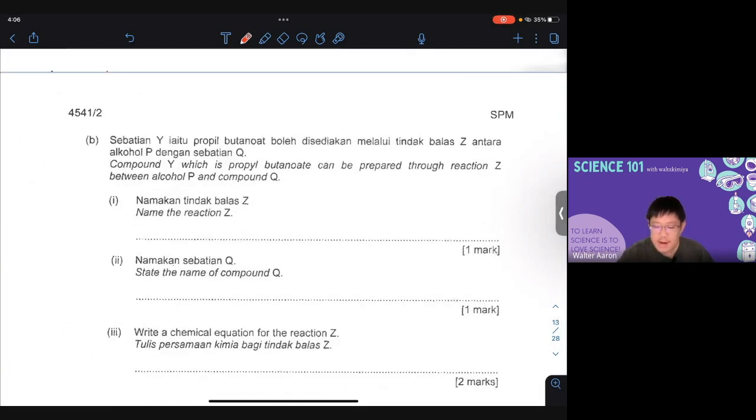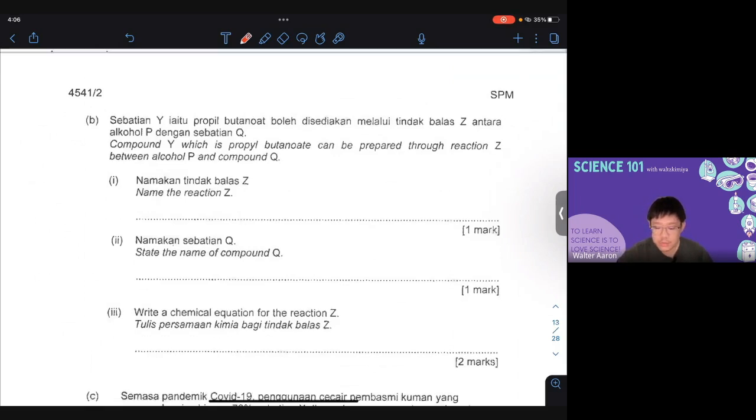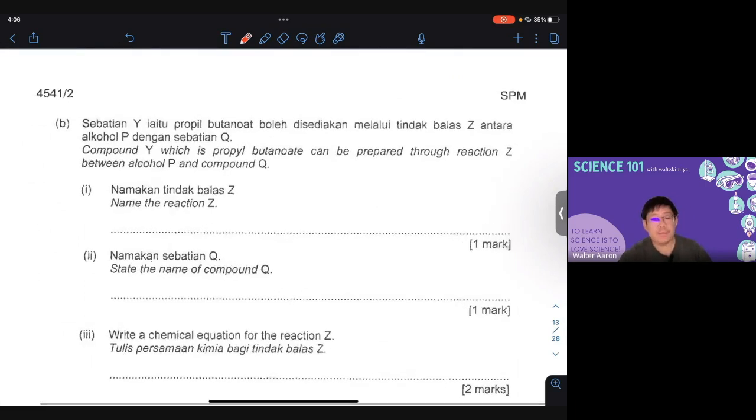All right, compound Y is propyl butanoate, which can be prepared through reaction Z between alcohol P and compound Q. So name reaction Z. The process of producing ester is called esterification, so you can put esterification here.